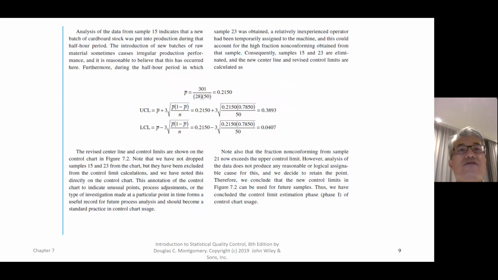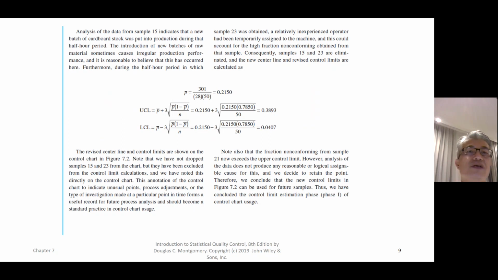Analysis of the data for sample 15 indicates that a new batch of cardboard stock was put into production during the half-hour period. So we found an assignable cause. The introduction of new batches of raw materials sometimes causes irregular production performance, and it is reasonable to believe that this has occurred here.